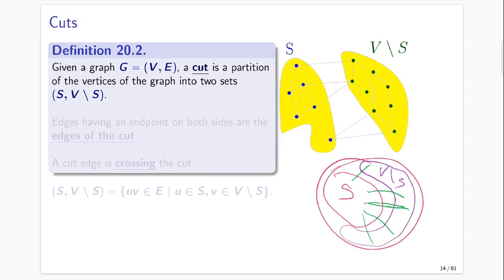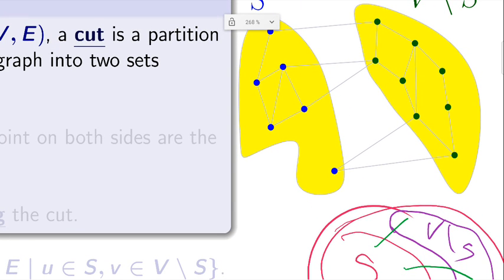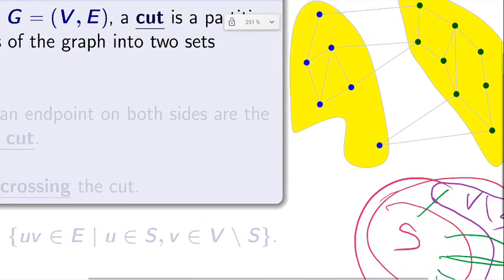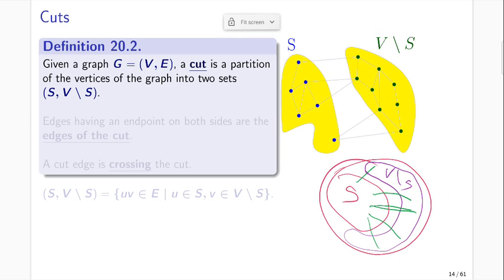You see a picture here on the top right side. The intuition behind the idea of a cut is that those are all the edges you need to cut to separate this group of vertices from this group of vertices. So, a very useful definition.